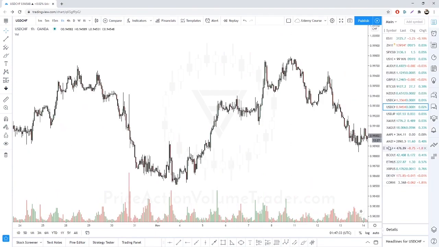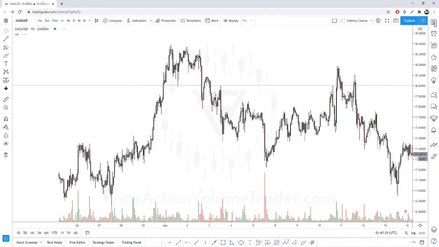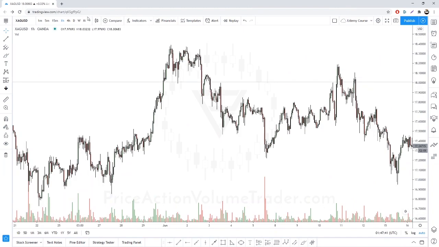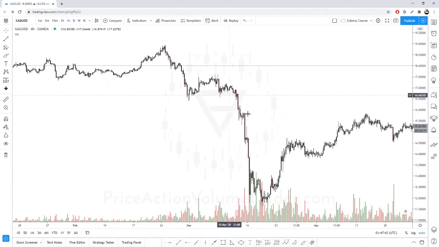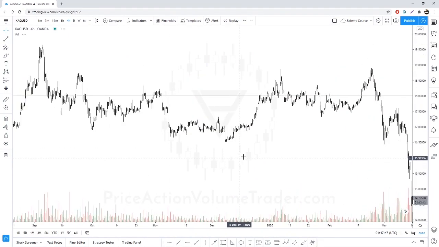Let's look at the silver market now. Let's go into the 4-hour. Let's go to January 23rd.